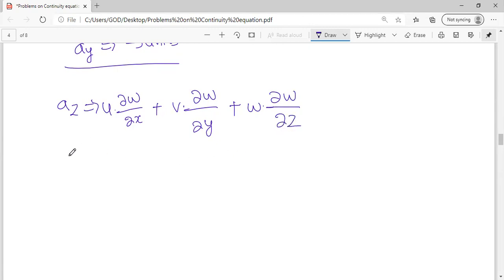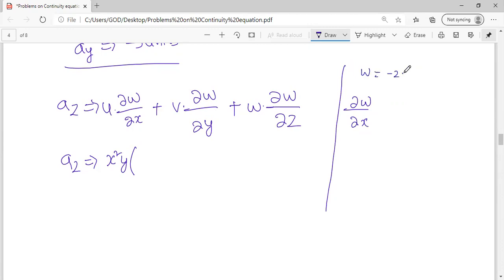This was the equation for acceleration along z. Then acceleration along z can be written as x² y into, first I need ∂w/∂x. For that first I'll write what is w. W I know, which is equal to minus 2xyz minus yz². This is w.